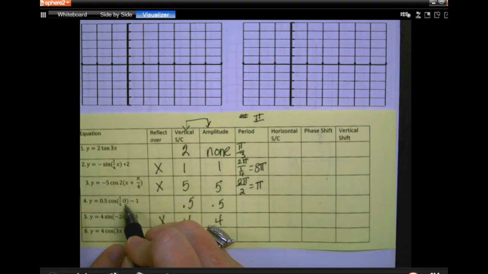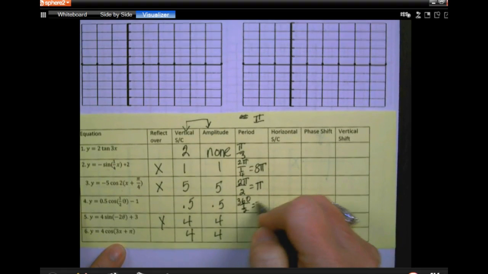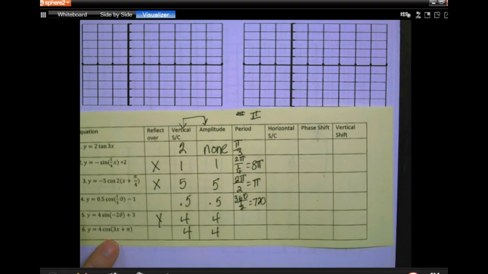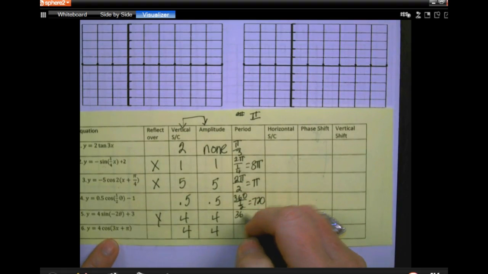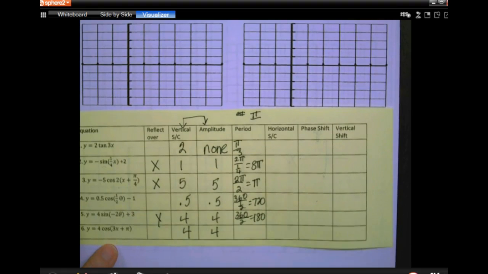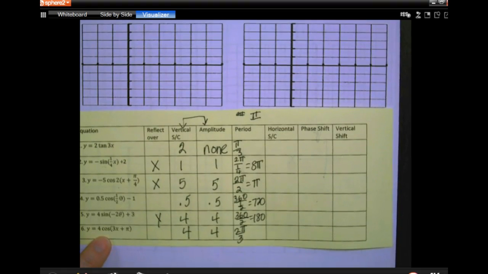So this one is theta, so that's degrees. So it's 360 divided by a half, so it's 720. So sine is 360 divided by 2, 180. And the last one, cosine, is 2 pi divided by 3.